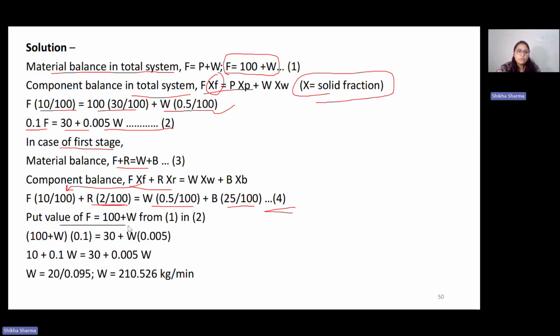Now put the value of F, which is F equals 100 plus W, in equation 2.